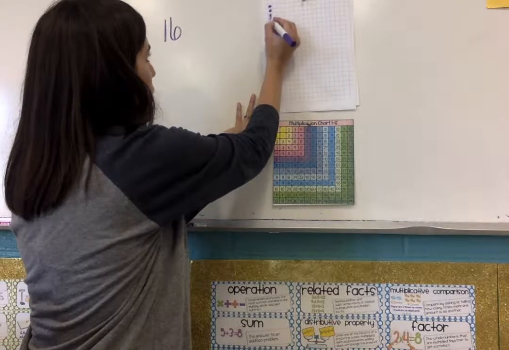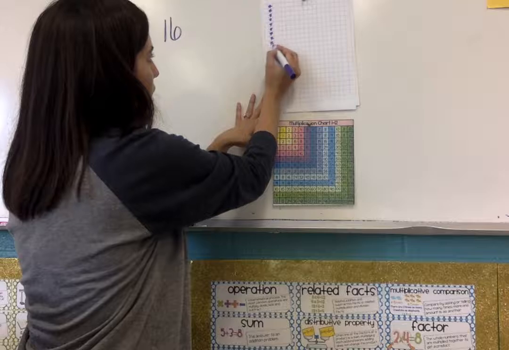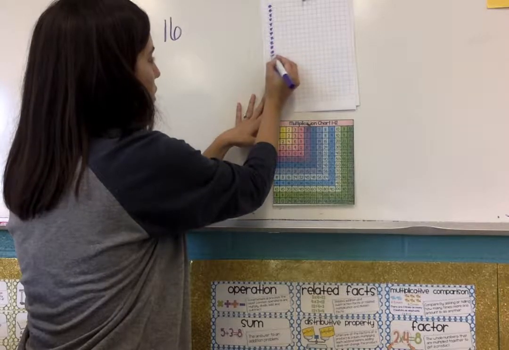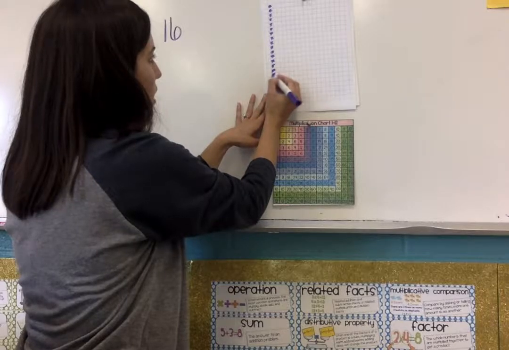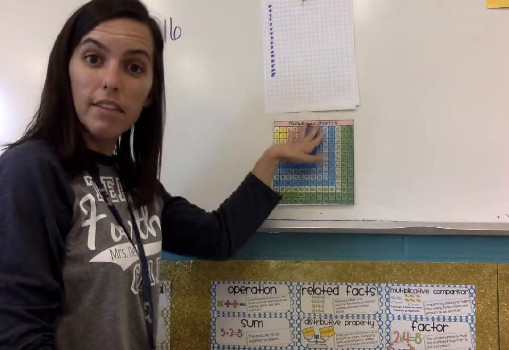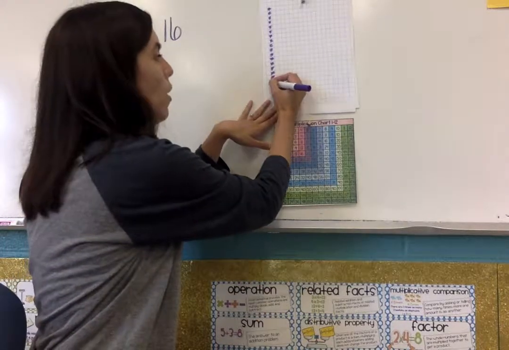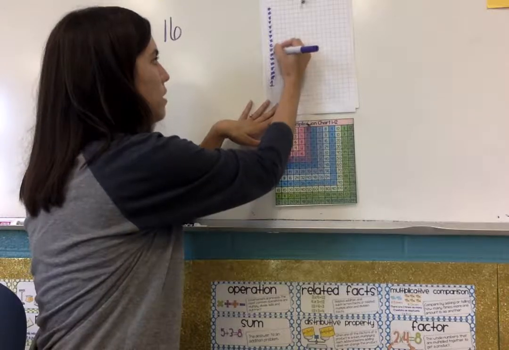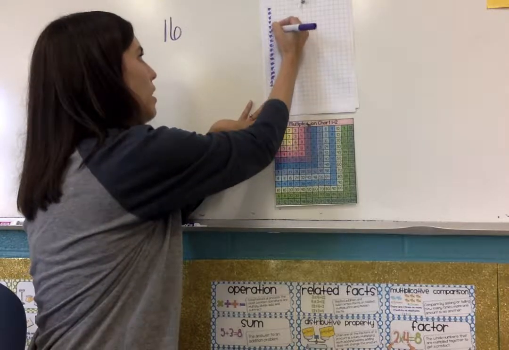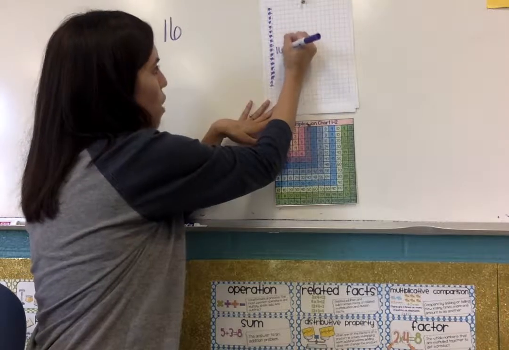1, 2, 3, 4, 5, 6, 7, 8, 9, 10, 11, 12, 13, 14, 15, 16. Did this make an equal rectangle? It sure did. We have 1 column and 16 rows.